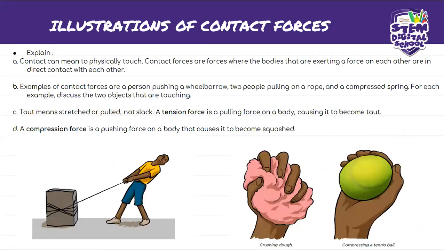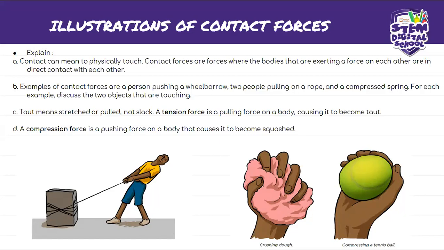Okay, so let's continue. We have just looked at a field force, which is gravitational force. The following are illustrations of contact forces. Here you have a person pulling a big block. There is a frictional force and, at the same time, a tension force.